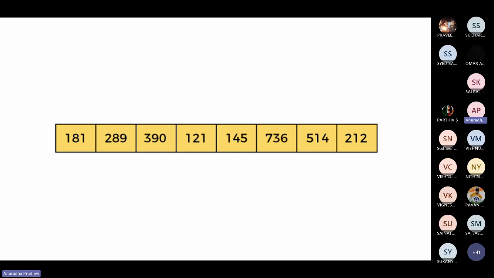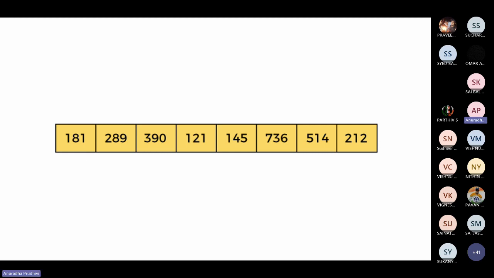Note this order: 390, 181, 121, 212, 514, 145, 736, 289. Now the next least significant digits: 9, 8, 2, 1, 1, 4, 3, 8. So store 390 in bucket 9.